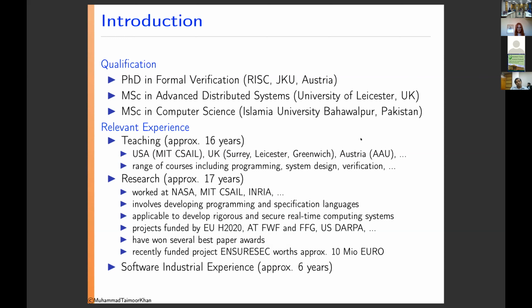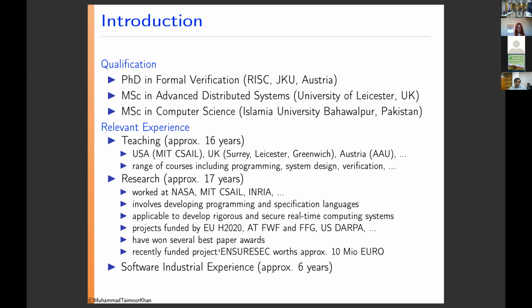I also have extensive research experience. I've had an opportunity to work at NASA, MIT, and different institutes. I have published my research mostly in A-star and A-rank conferences and journals, and I've won several best paper awards. My research has been funded by Horizon, the European Commission, the Austrian Science Fund, and US DARPA.